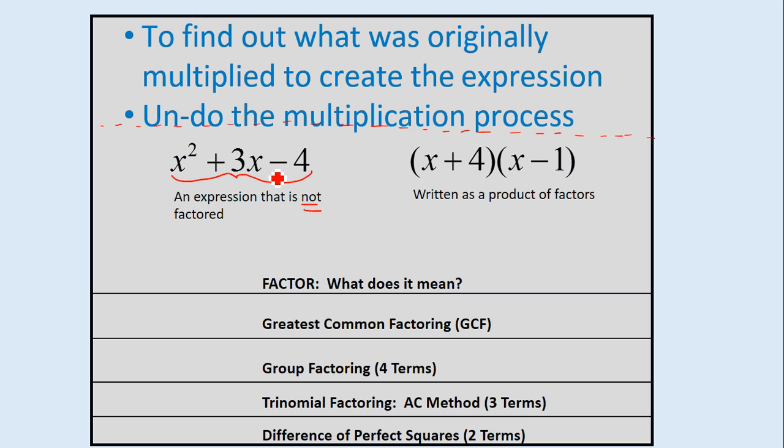But I can create an equivalent expression, a factored expression, by writing it as a product of two factors that multiply out to create this. That's what it means to factor. That's the process that we'll be doing here, and we're going to go about it through all of these ways on the page: through greatest common factoring, through group factoring, through trinomial factoring, and through difference of perfect squares factoring.